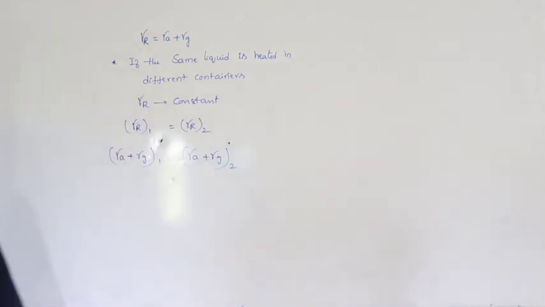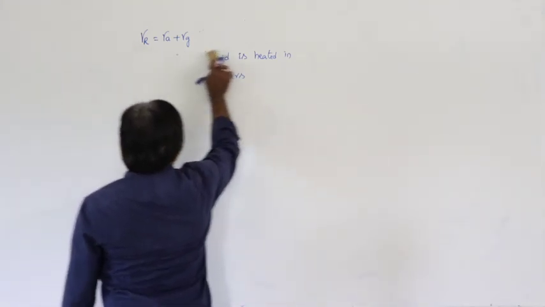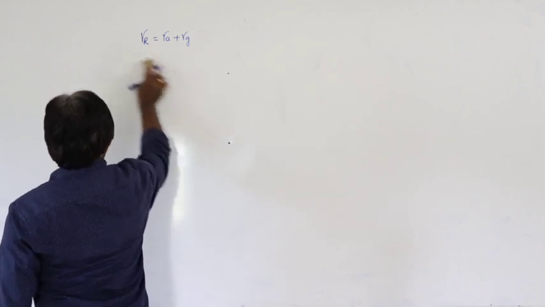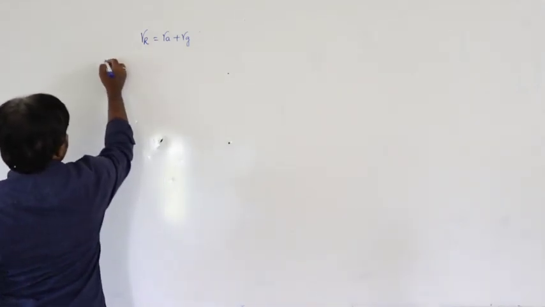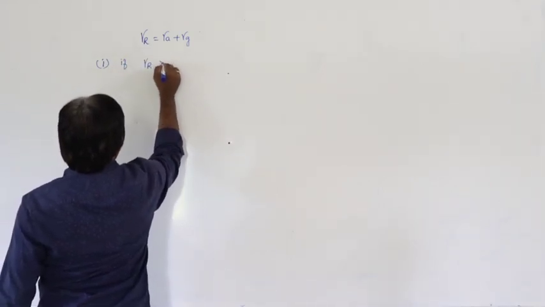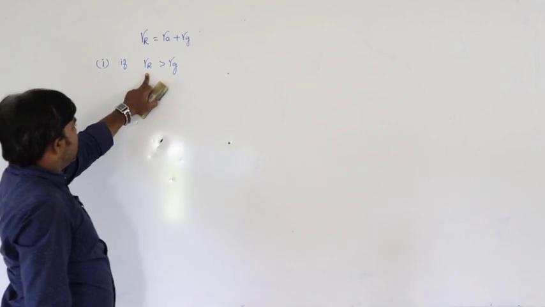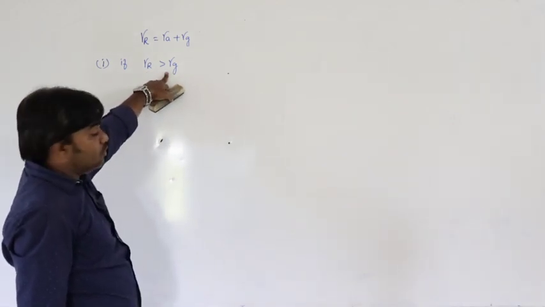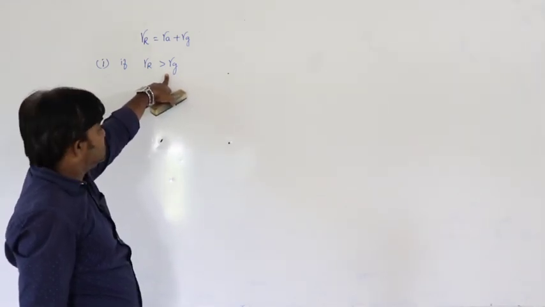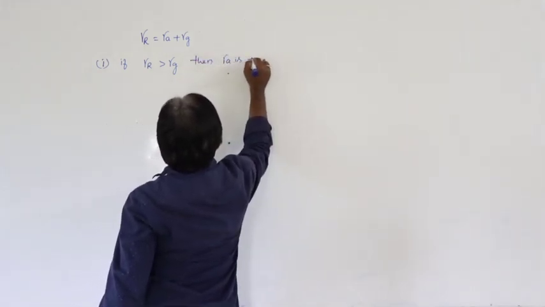So we discussed that already. Next, in this situation, when the liquid level rises or when the liquid level falls, let us discuss that. In the first case, if gamma R is greater than gamma G, the coefficient of real expansion is greater than the coefficient of volume expansion of the glass, then gamma A is positive, right?